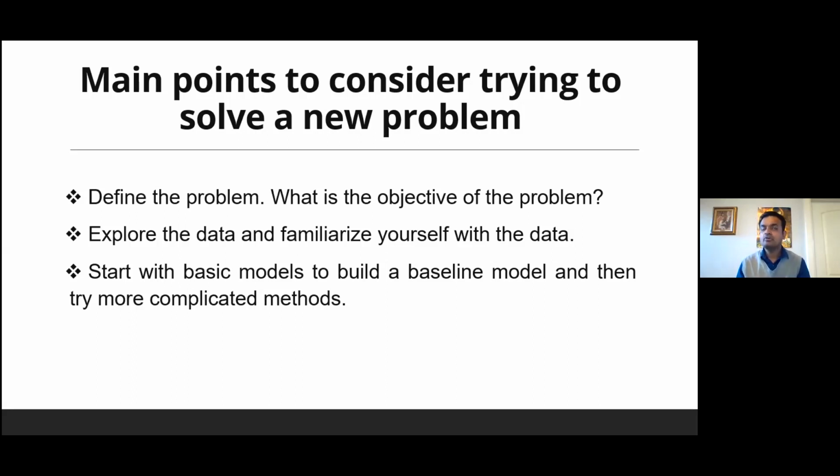With a basic model, you will obviously not get a very accurate model, so try to map your inputs to outputs. Once you build your baseline model, try complicated methods and algorithms in order to improve your model. So let's discuss further how we are going to consider these factors when we build a data science project.